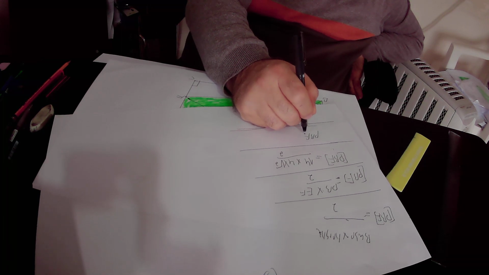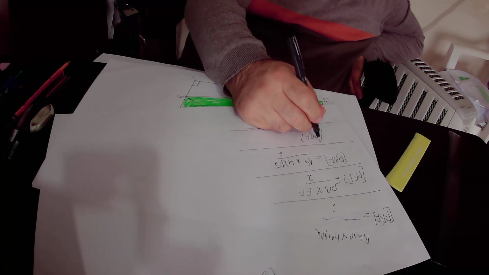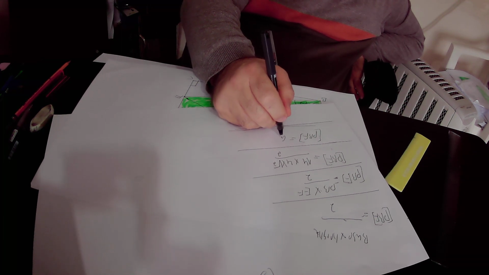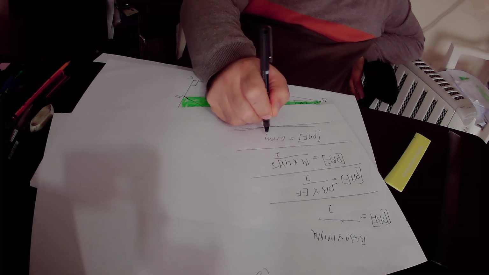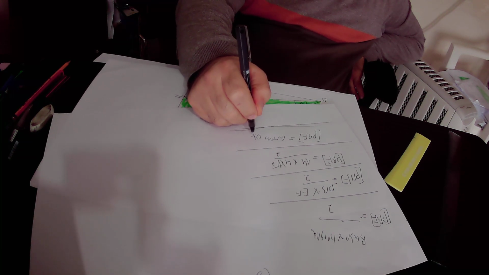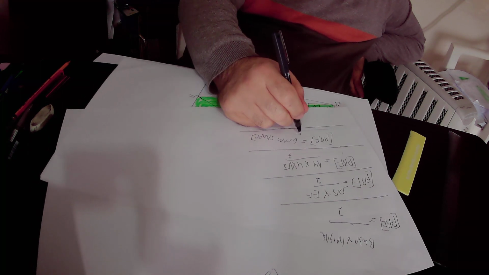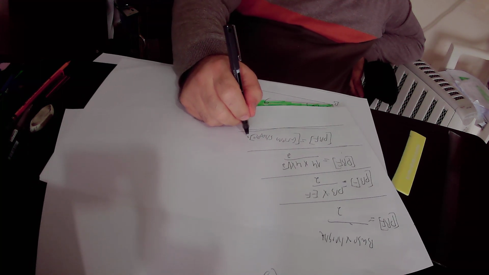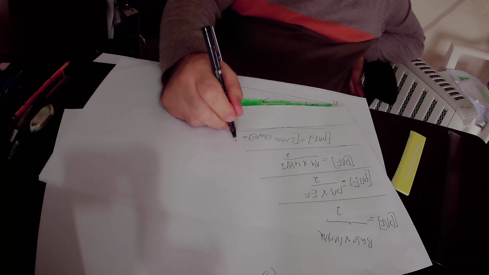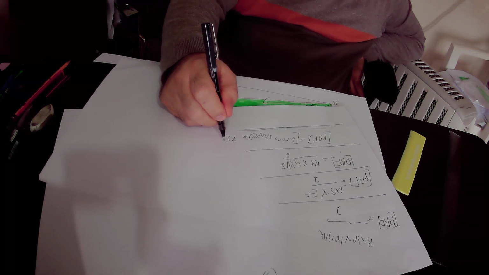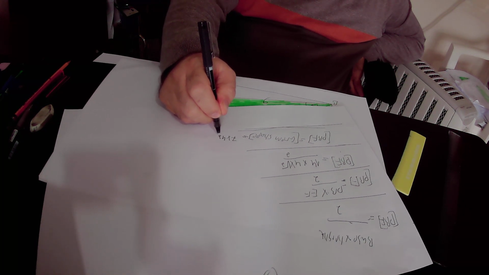So the area of triangle PBF, that is also the area of the green shape, will be equal to 7 times 4 times root of 2.